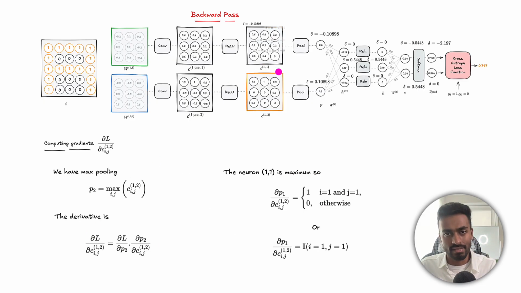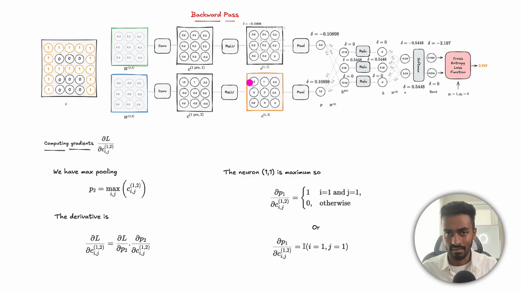Next, we'll look at this layer of neurons over here. In this case, it's even easier to see that this is the maximum value here, right? So for this specific case, how this neuron affects the loss is how this neuron affects this neuron times how this neuron affects the loss. How this neuron affects this neuron, we're taking that in the form of this derivative.